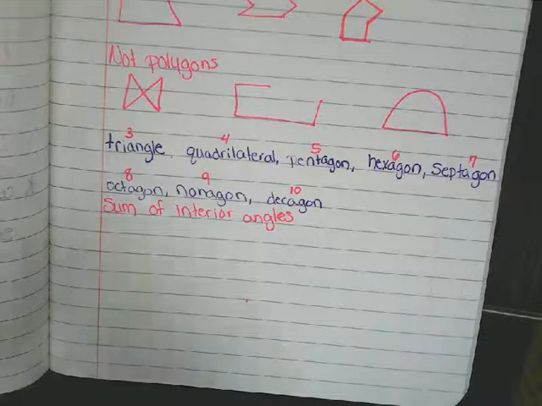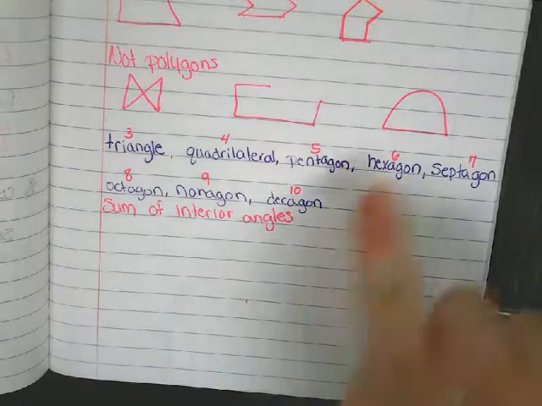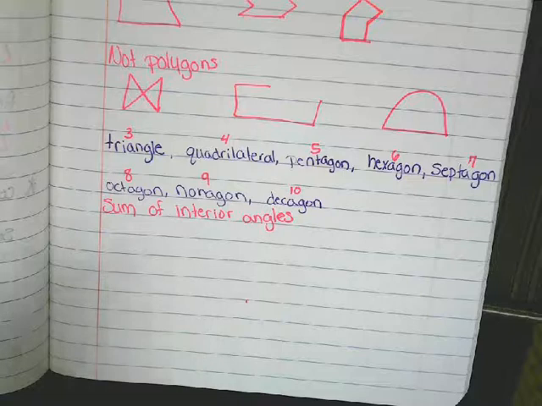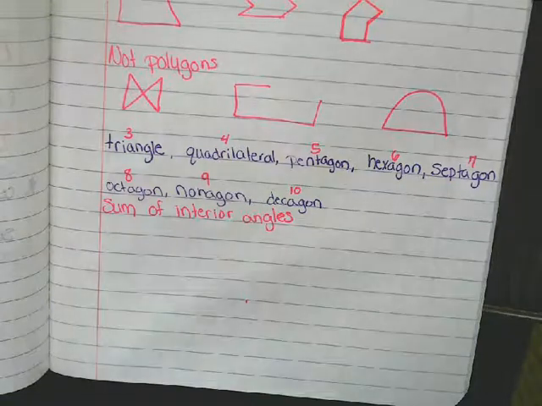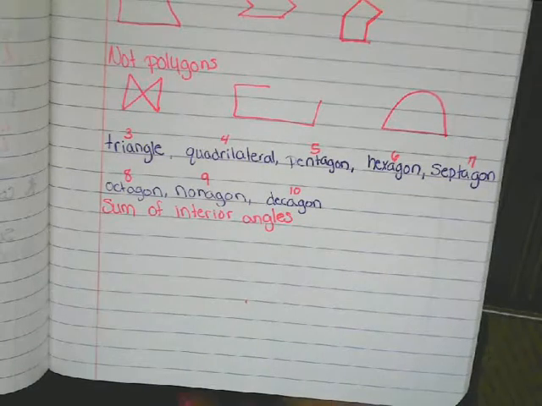But we're not going to tell you how many degrees are in a hexagon, or a septagon, or a 50-gon. But we're going to give you a formula that can help you figure it out. Because you're not going to go around memorizing that a 15-gon has whatever degrees.